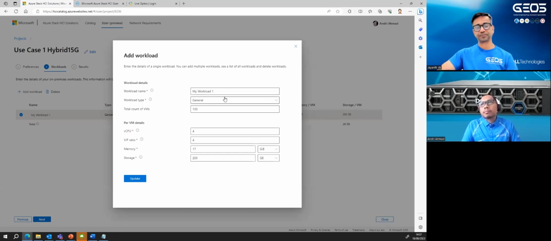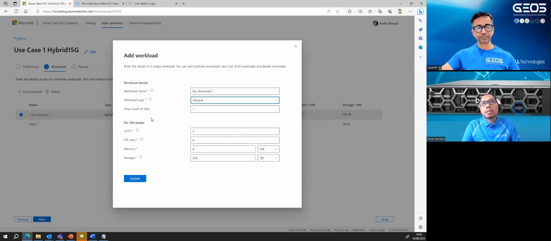You can also choose a different type of workload, which is available from the Sizer, which will then automatically change the VM details for you, right? So I just stick to the general one first.